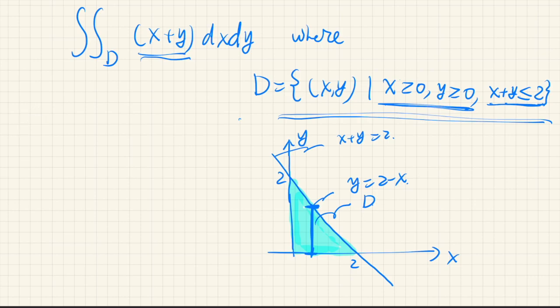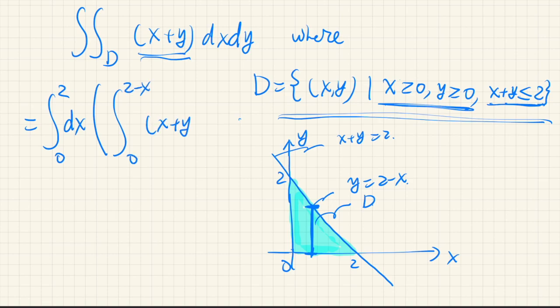So this integral is equal to, x varies from 0 to 2, and y can vary from 0 to 2 minus x, dy. And dx is already written here.